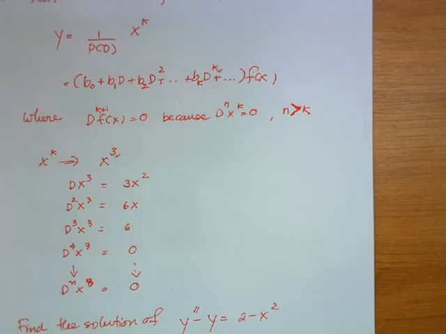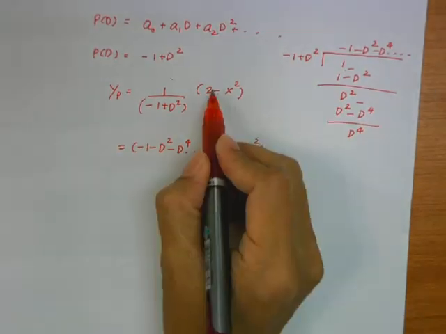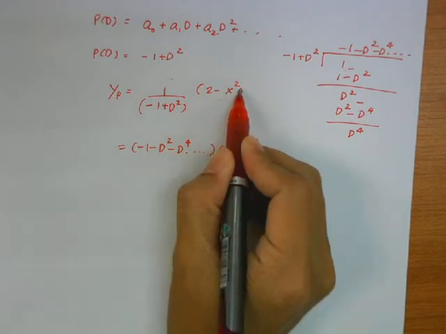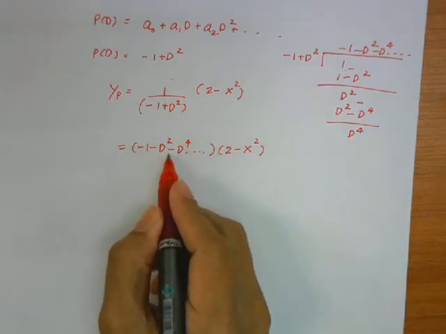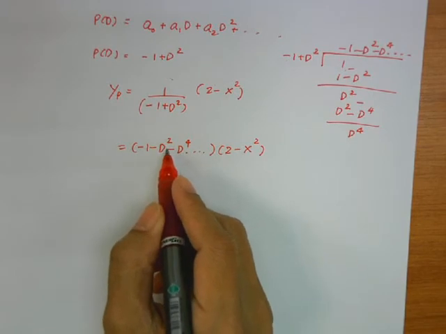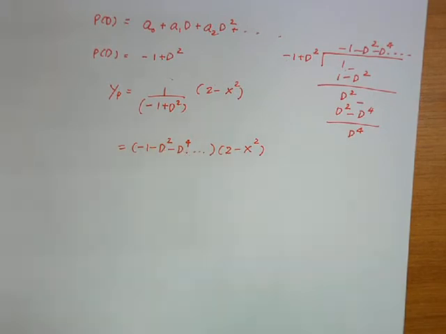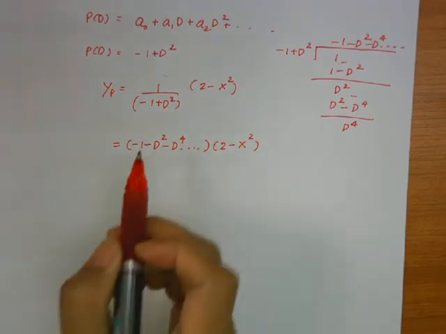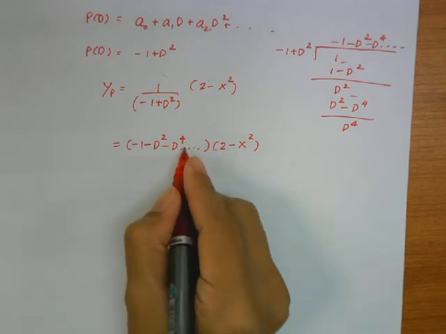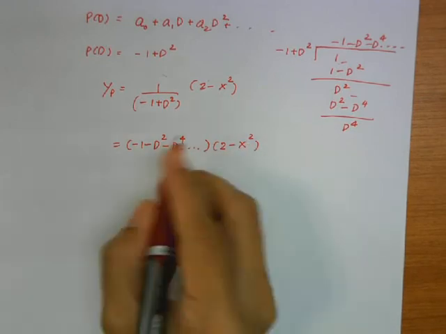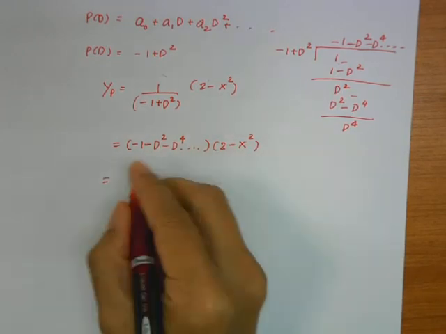And now you have your first x to the power k is 0, and the second term is x to the power 2. So actually it should end up at D squared. But I wanted to go further a little bit in order to tell you why we got to stop right here. Okay. And the next thing is that we distribute the term to each of our functions.